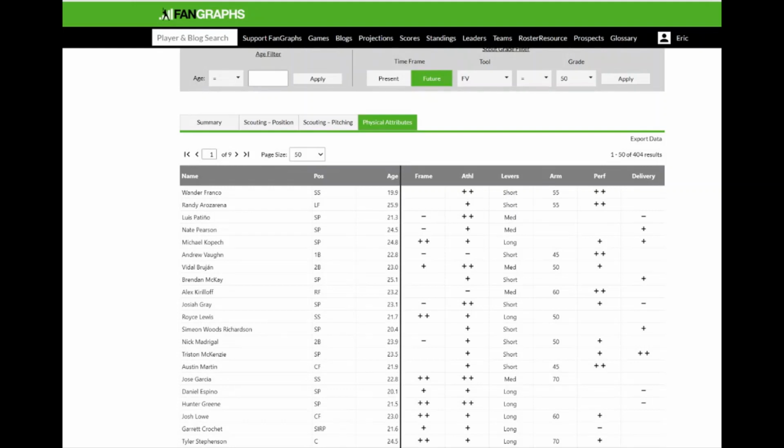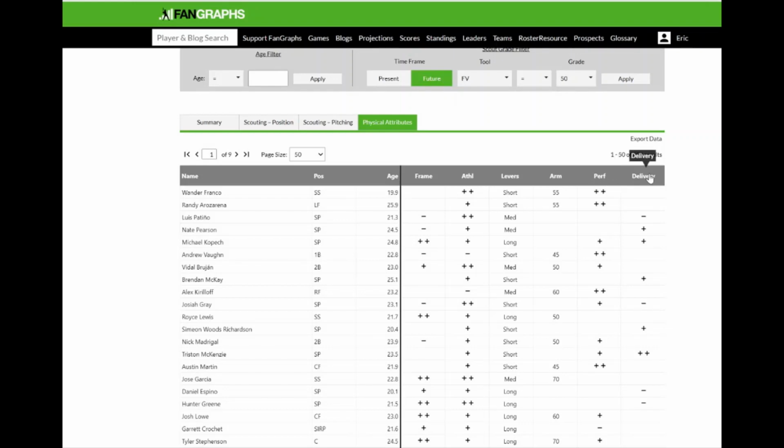All right. Some of these other columns are frame. There's the tooltip for that. Athleticism. You can see that it's, again, a mix of runs fast, jumps high, and these other elements: grace, body control, flexibility, coordination. That fits into athleticism as well. Performance. In this case, it's, hey, does this guy's statistical performance either support or detract from their prospectum?